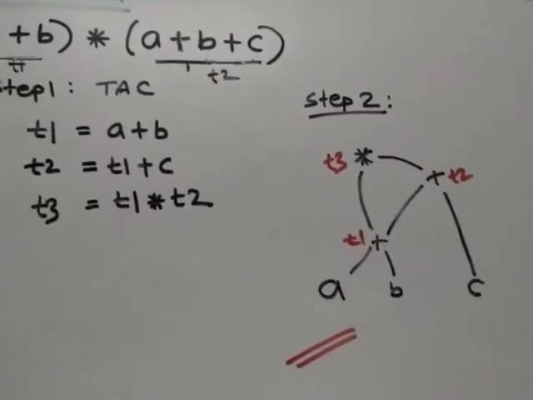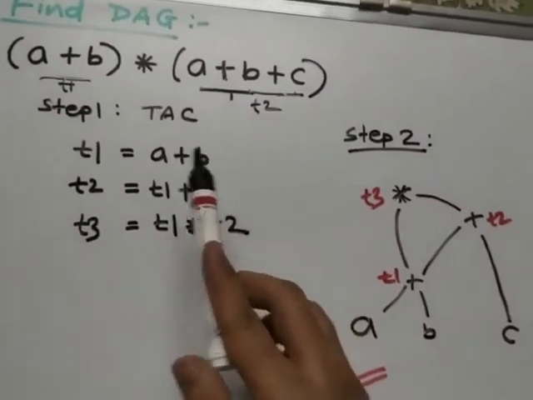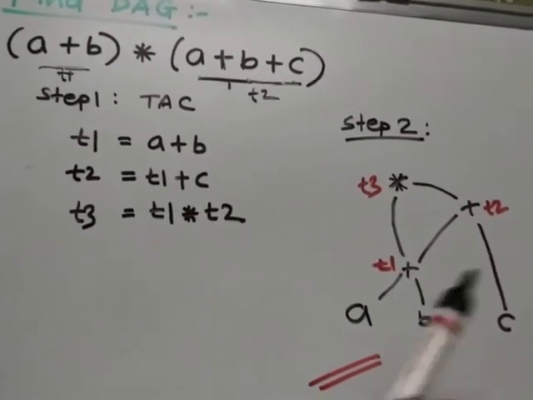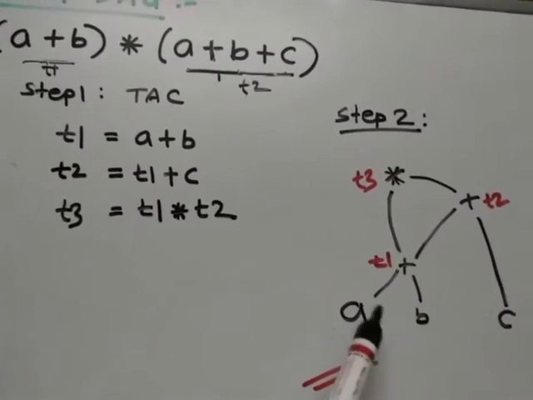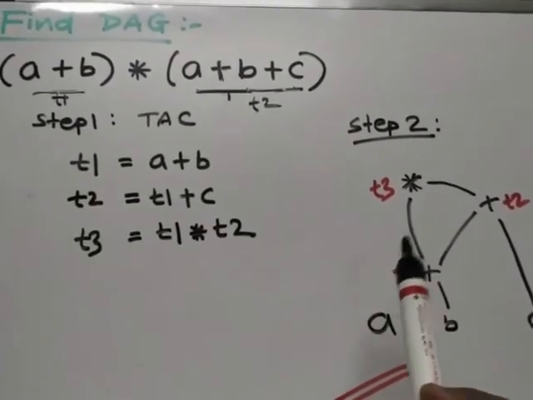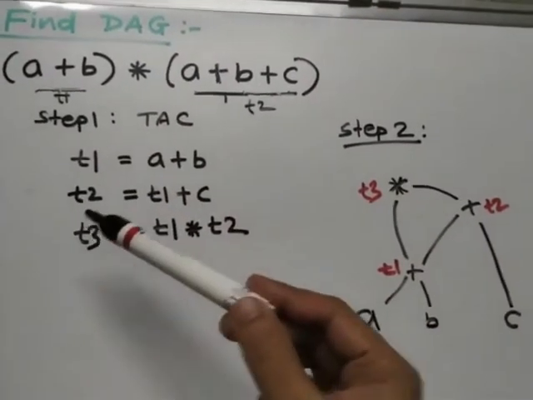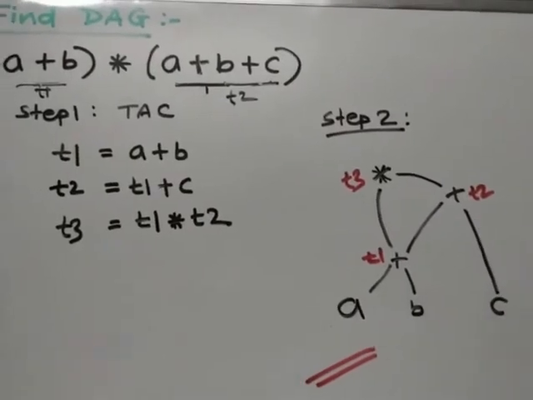Here what I have ensured is that the a plus b part, which is repeated, is not taken again and again. Only one time it is taken and it is reused. So this is the advantage of using DAG, and for the given example, the three address code is created and its corresponding DAG is represented.